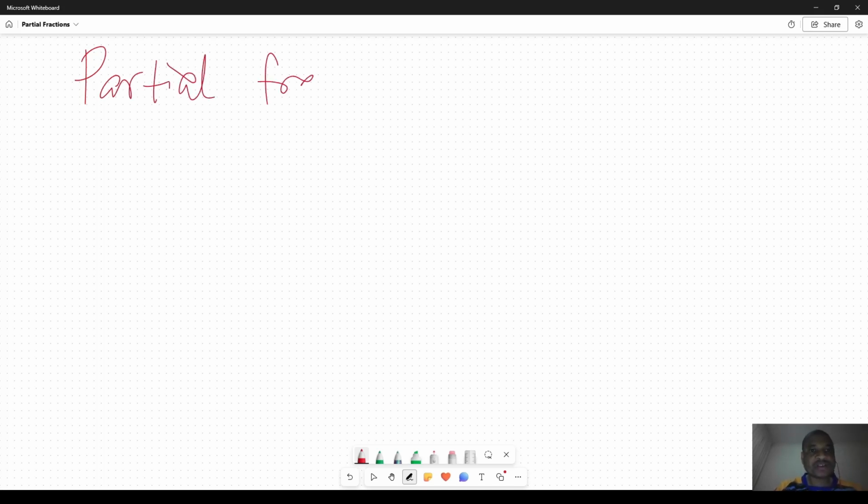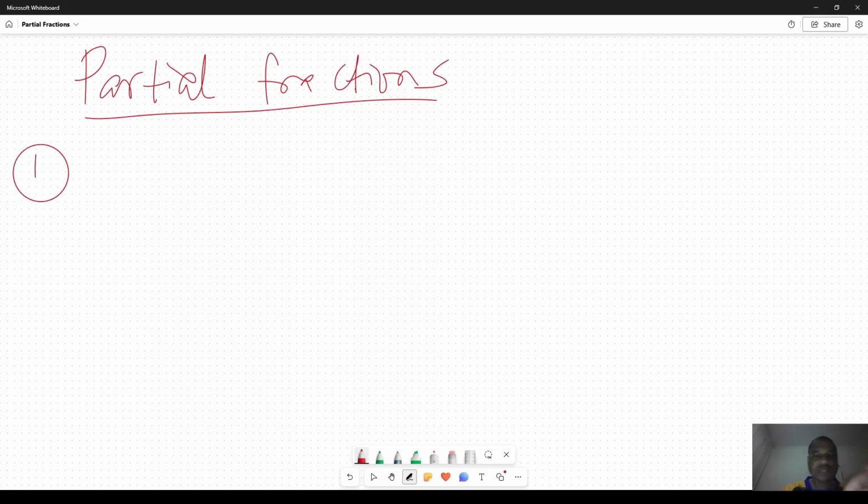Partial fractions. There are four types of partial fraction you should know. So this is a complete description of what you will get in the exam.